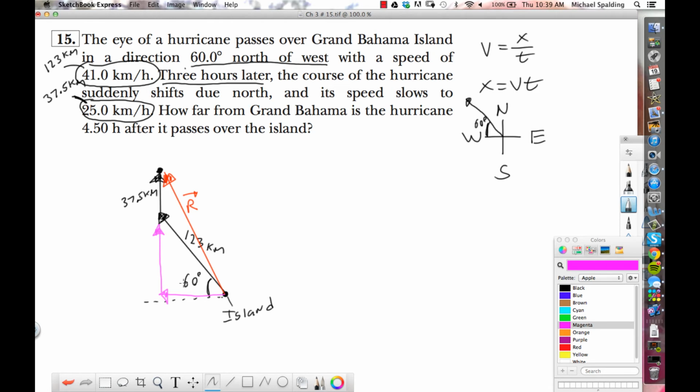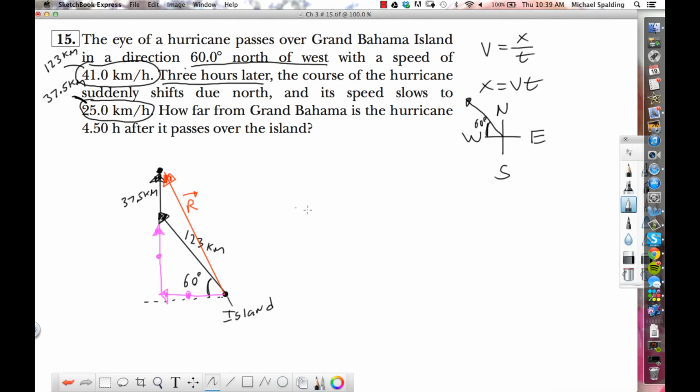So we're going to have to calculate this x component and this y component. We're going to sum everything up in x and sum everything up in y, to figure out our total x and our total y. How many vectors do we have that are perfectly x? Only one, this guy right here.